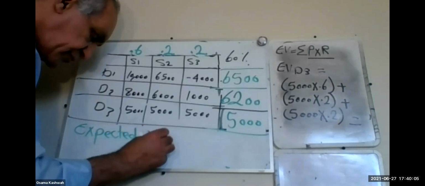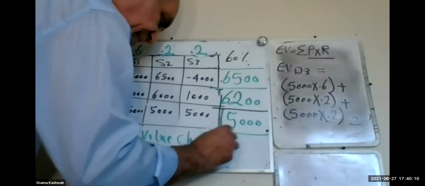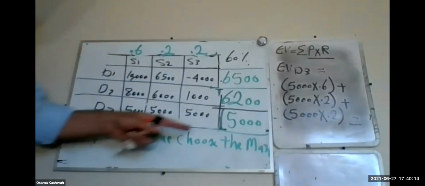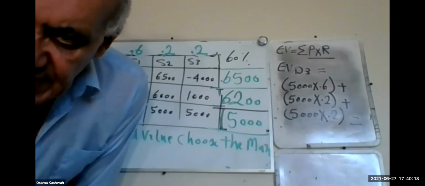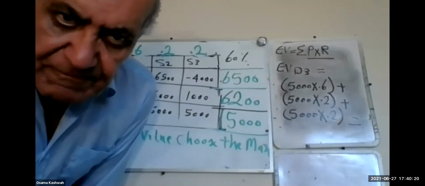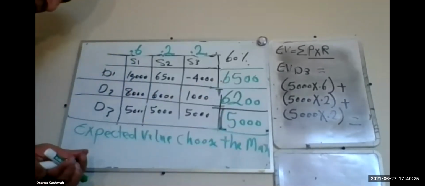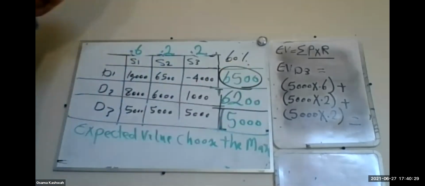Based on the expected value, choose the max. Choose the max. So what is the max here? The max is 6,500. So here I will highlight it, 6,500.